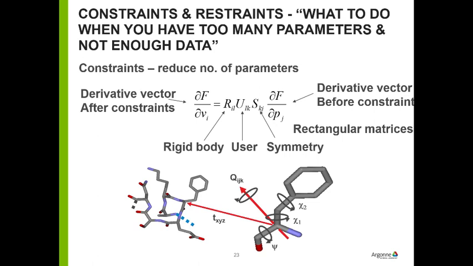So you add additional information to your problem, which covers things like the flatness of phenyl rings, or what this angle is between these two CC bonds. Or you can say what the length of the CC bond is. You say, I know what that bond length is, let me put that in as an observation. So this is additional information to the least squares.